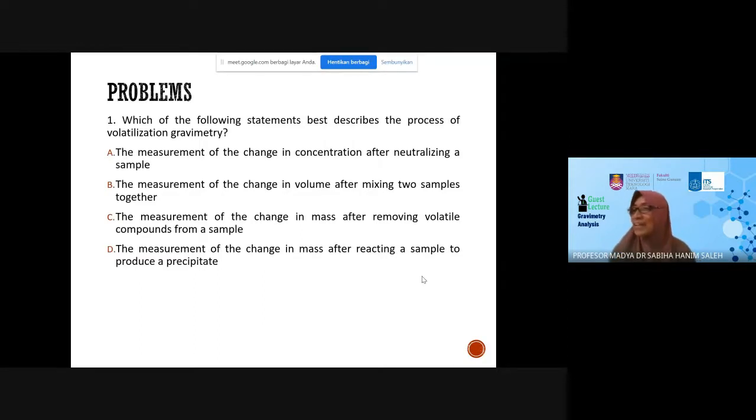Okay, maybe I can ask one question, Dr. Claire. In the gravimetric course, do you prefer the colloid or the crystal?